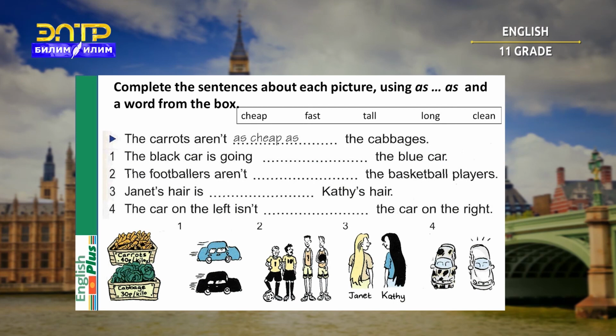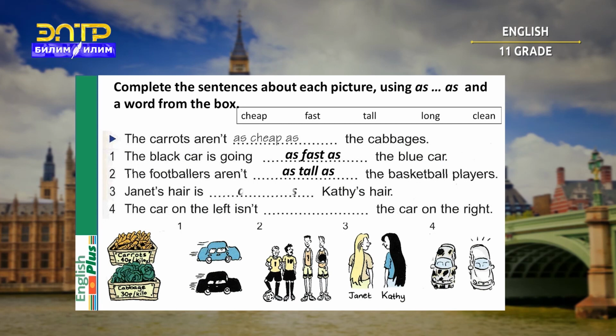Shall we check? Are you ready? Sentence number 1. The black car is going as fast as the blue car. They are going at the same speed. Right. Sentence number 2. The footballers aren't as tall as the basketball players. We can see this in the picture, right? Sentence number 3.